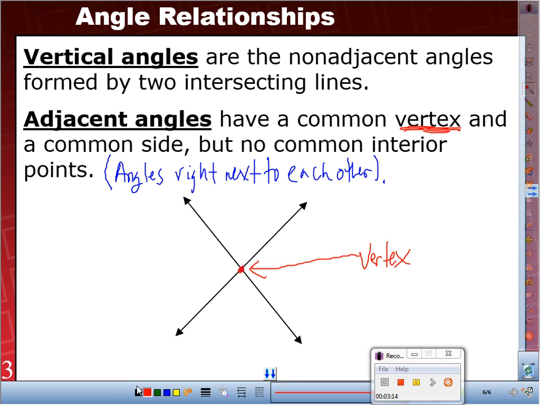We said last time when we explored with our protractors that this angle is congruent to this one. Yes?